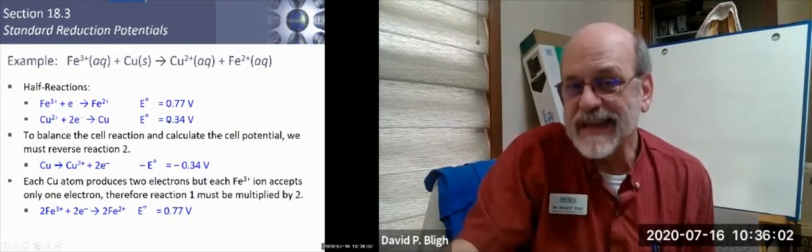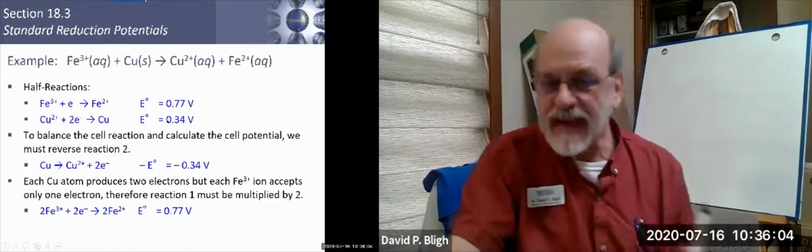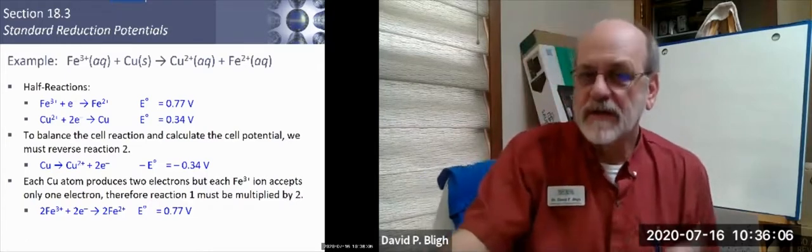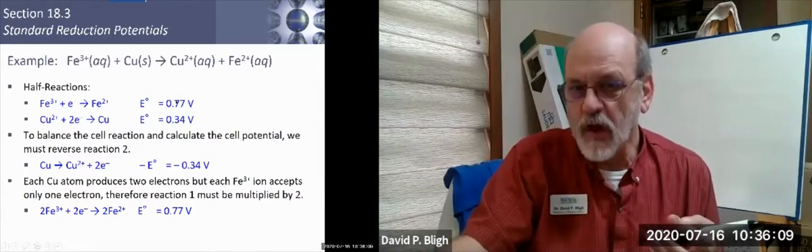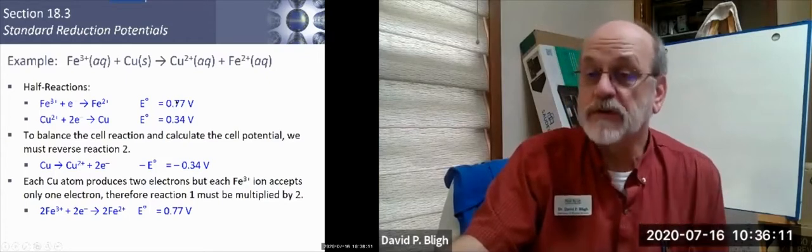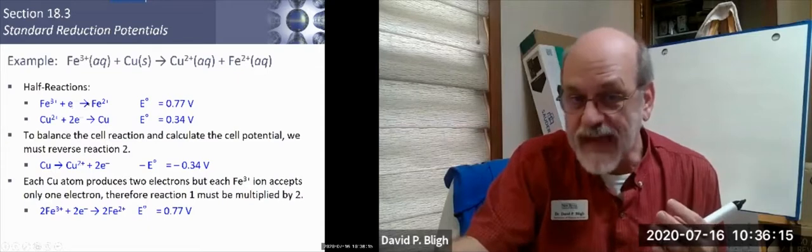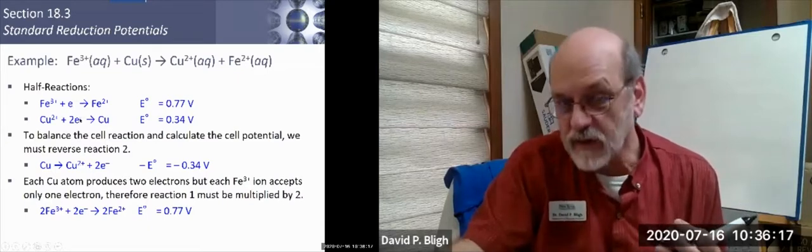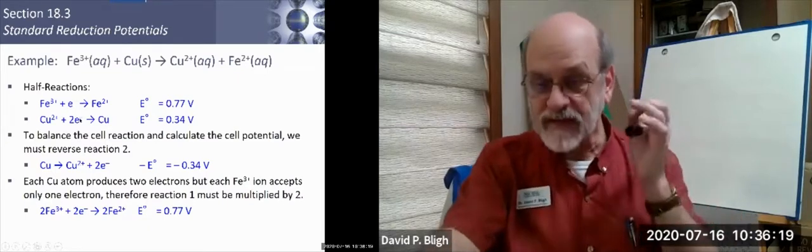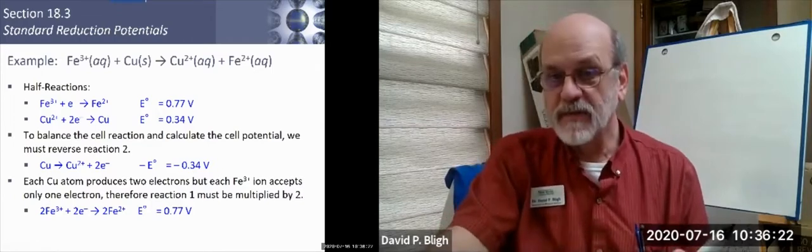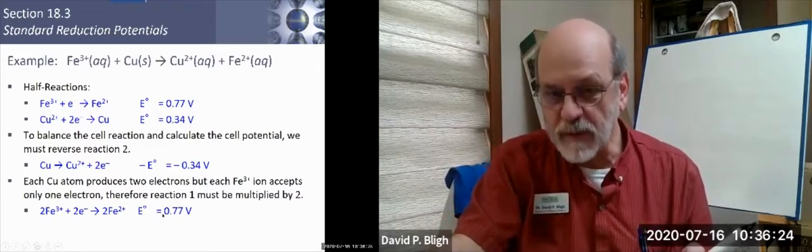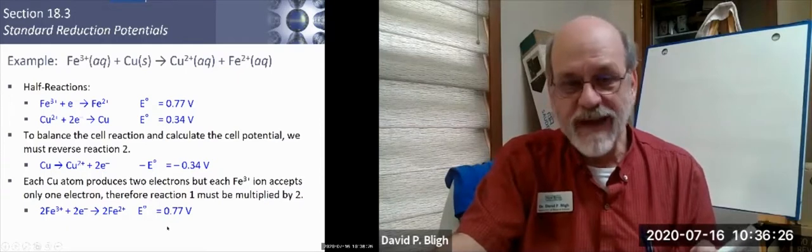This becomes negative. Then add your voltages together. This small negative plus this large positive means that your voltage is positive. And that means that if you make this one the cathode and that one the anode, then that's going to be spontaneous, because the combination of them then becomes a positive value.